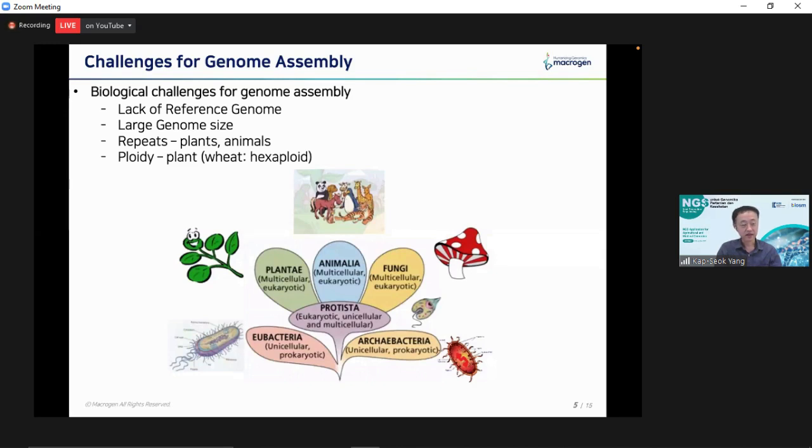And the other difficulty is that, unlike the human genome, most genomes are much larger, especially for plants. And there are many different kinds of repeated sequences, especially in plants and animals, which makes it very hard to uniquely map or uniquely align two pieces together.